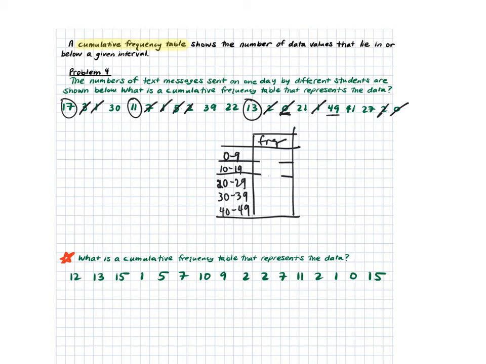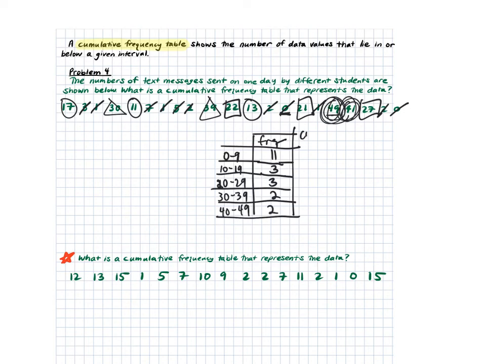So let's first do the frequency. So this is 11 and 3. So let's do exactly what we did before. And then in the 20s, we have 1, 2, 3. And then in the 30s, we have 1, 2, 2. And then in the 40s, we have 2.